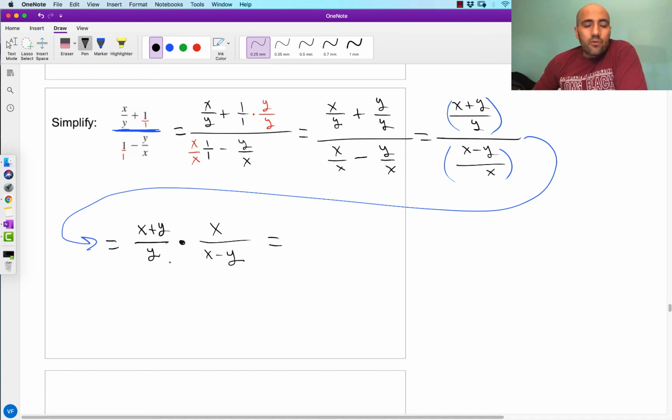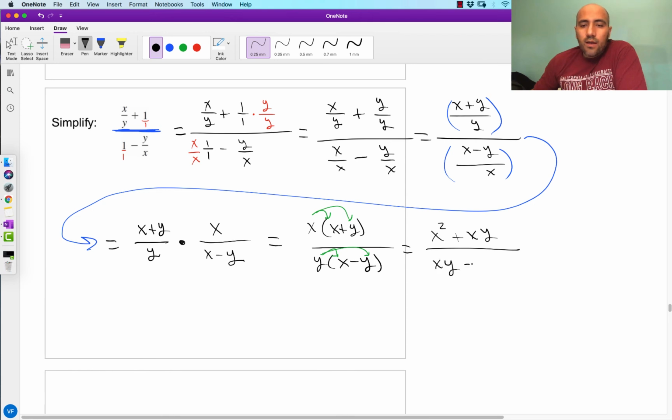Right? Finally, we multiply the numerators, multiply the denominators, so we end up with x times x plus y divided by y times x minus y, and then we distribute, before we arrive at our final answer, which is going to be x squared plus xy divided by xy minus y squared.